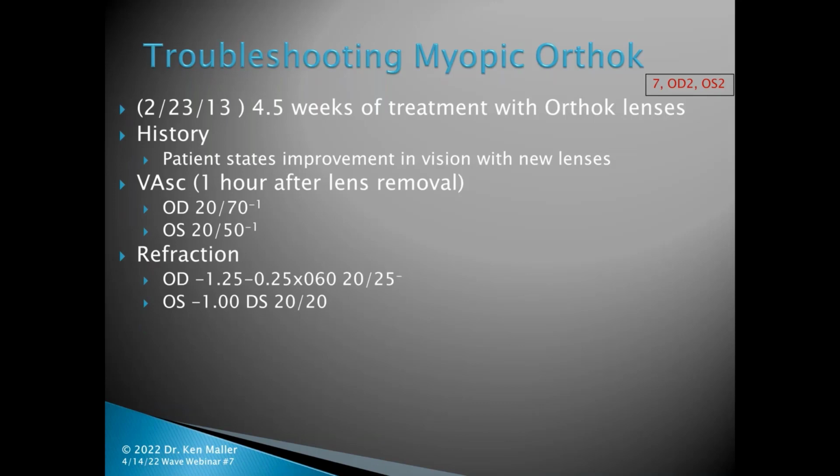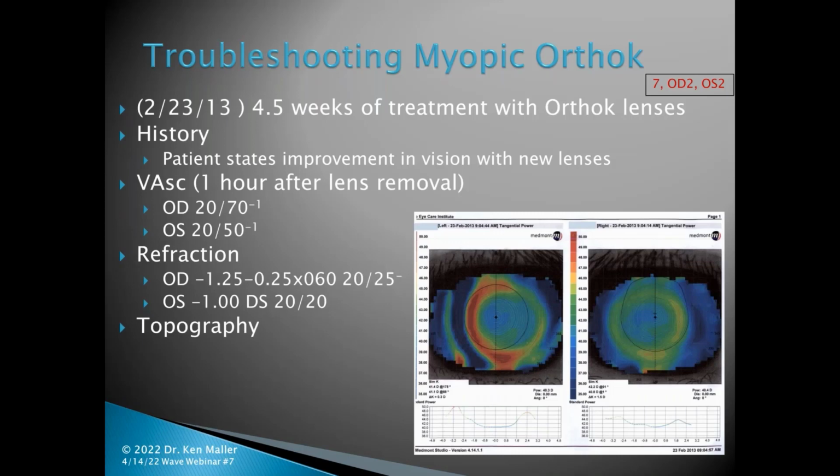Refraction still shows about 1 1/4, 1 1/2 diopters undercorrected in the right eye and about 1 diopter undercorrected in the left eye. So that doesn't seem a whole lot different objectively on my side, that much improved from that first pair of lenses. On the topography, we can see here, again, now the left side has the left eye and the right side has the right eye.